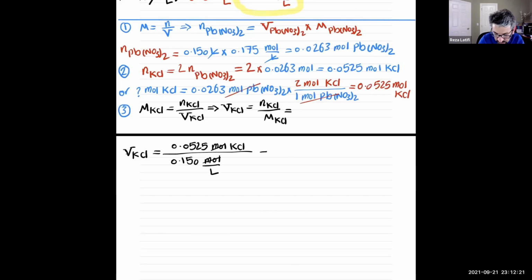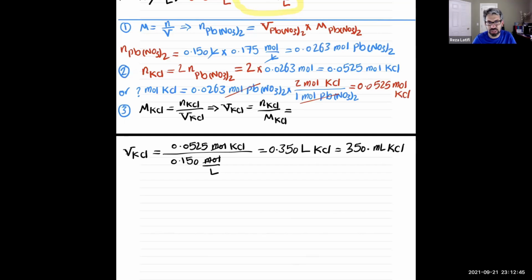You cross mole by mole, and that will give you the final answer, 0.350 liter of KCl, which is equal to 350 milliliter of KCl.